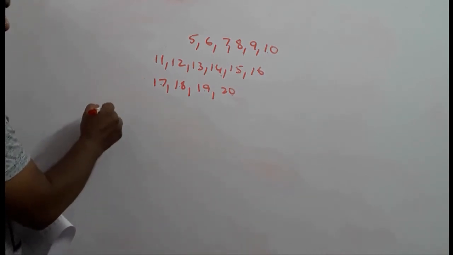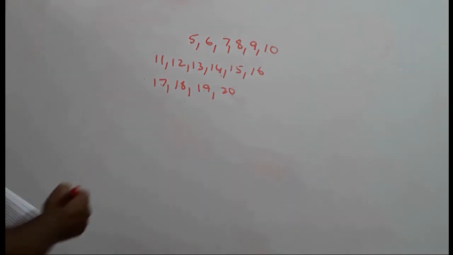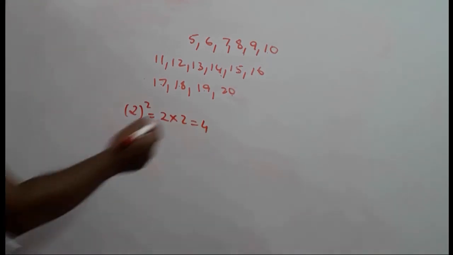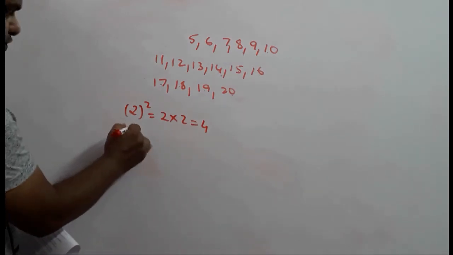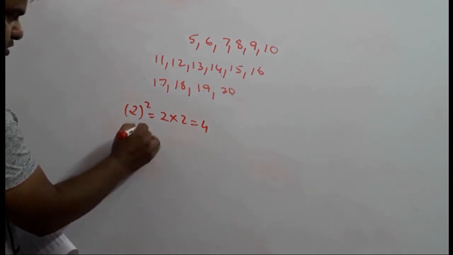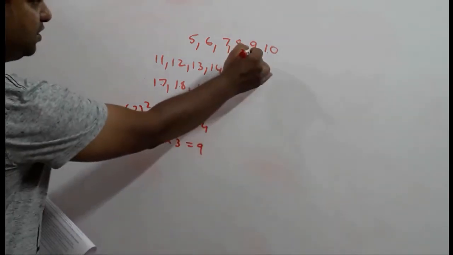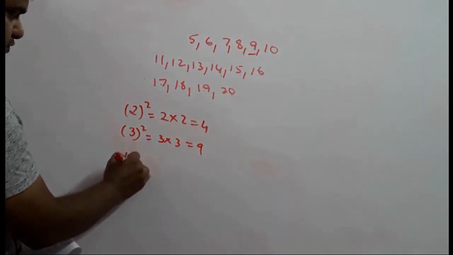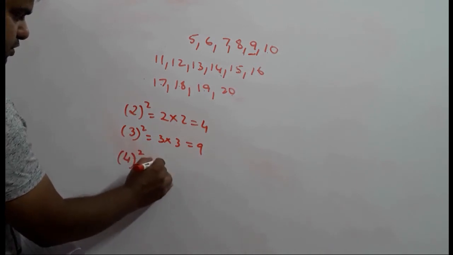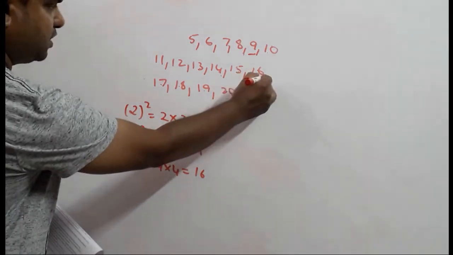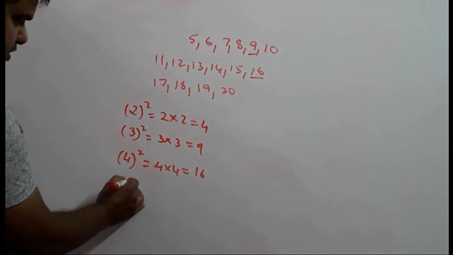Okay, so 2 twos are 4, but we don't have any 4 over here. Let's go to the next number, 3 square, which is 3 into 3 equal to 9. We have 9. And 4 square, which is 4 into 4 equal to 16.